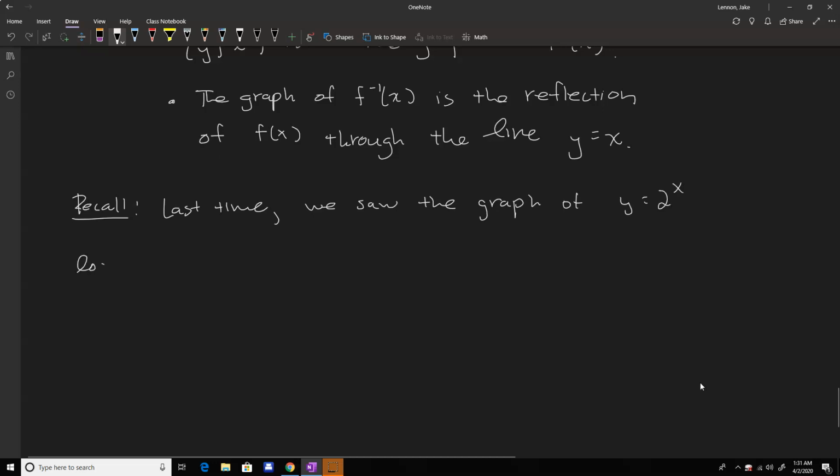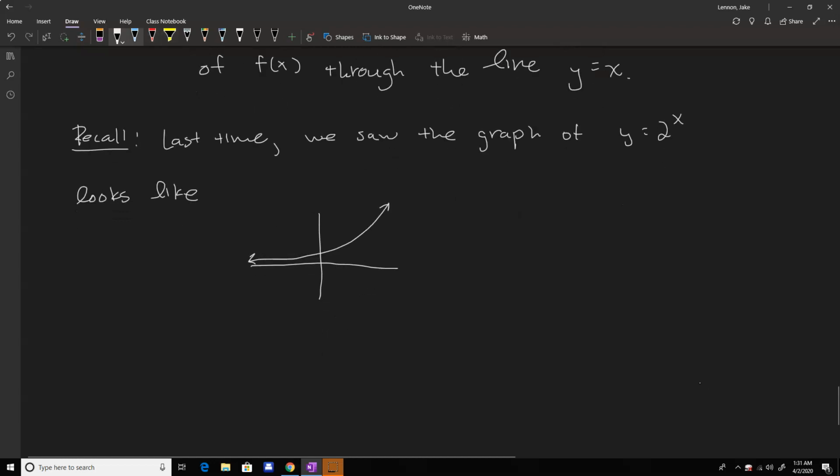Looks something like this. Actually it should probably be more steep. It should go up a bit faster, I think.